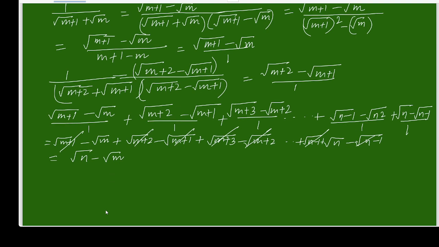So all the terms will be cancelled. What is left is square root of n minus square root of m. So this is the closed form of the answer for this question.